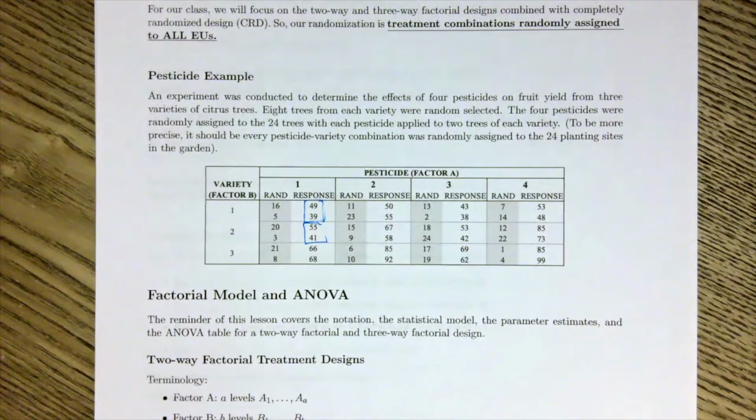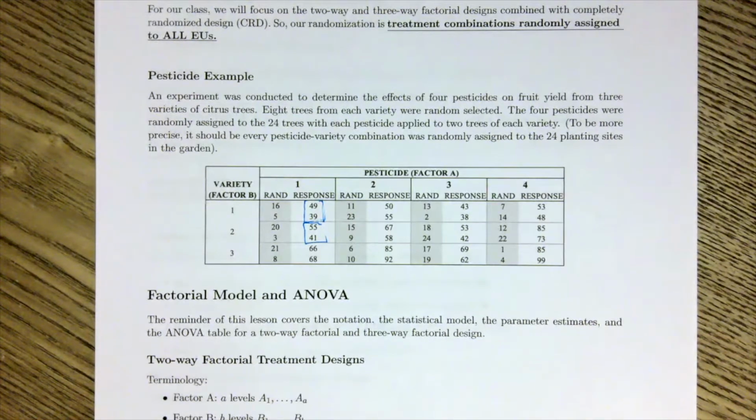Now note that we don't have a blocking factor here. The reason we know that is because we didn't randomly apply one of these factors within the other factor.